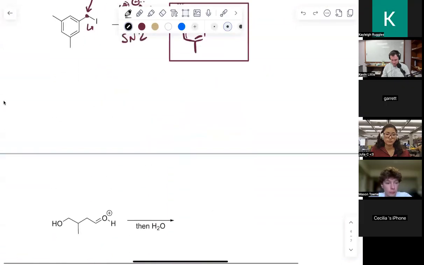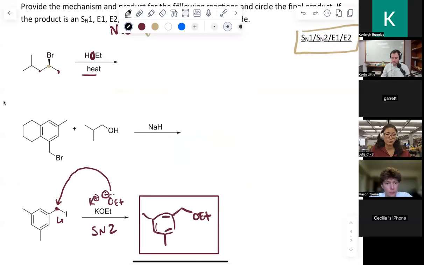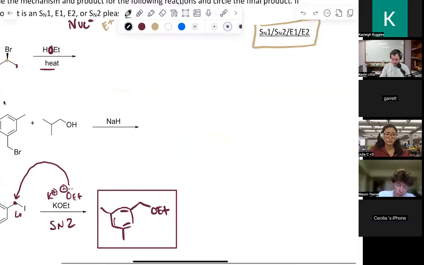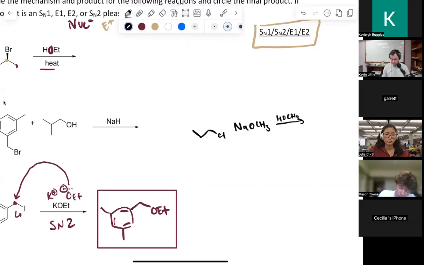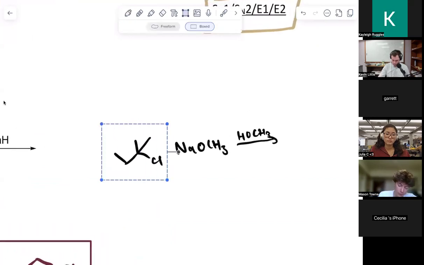Notice something, I did the same thing. I'm going to give you another reaction that doesn't follow this format. If I did something like this, let me clean this up a little bit.